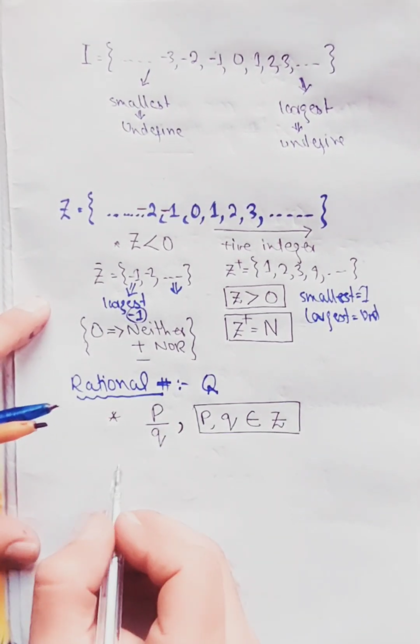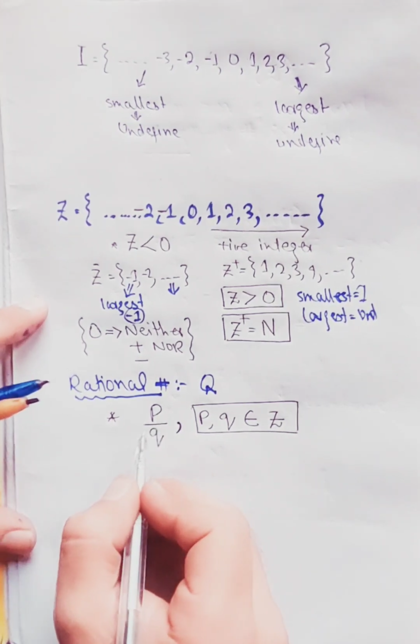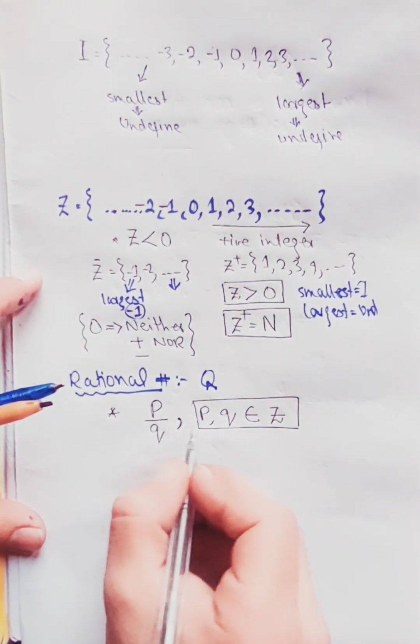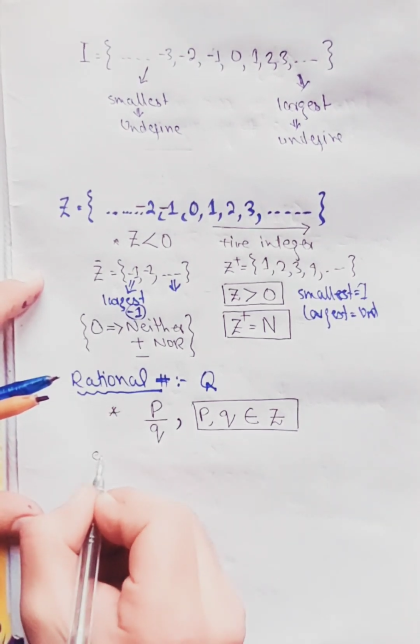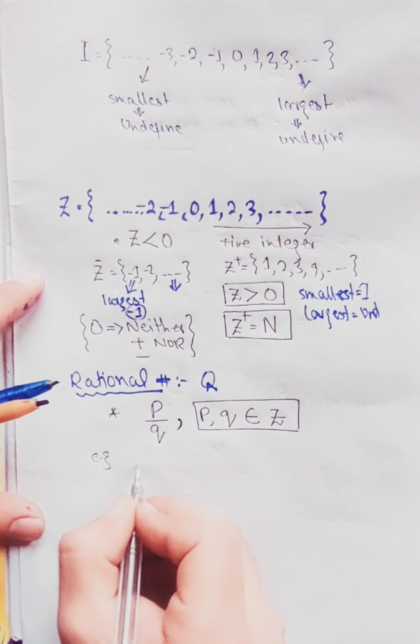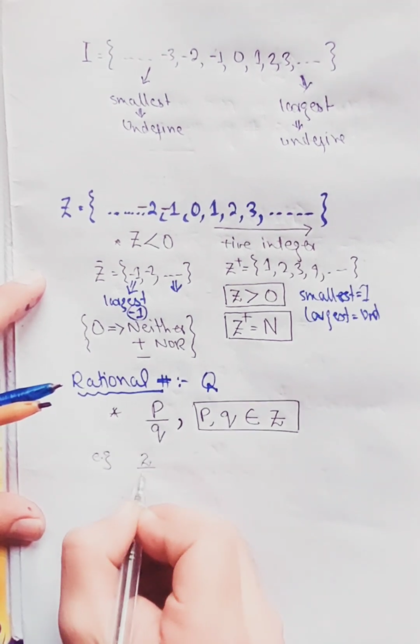Otherwise it will not be rational, even if it is in this form. p and q must be integers, only then can we call it a rational number. For example, let me take one example, 2 by 3.